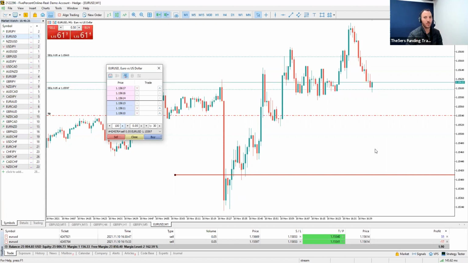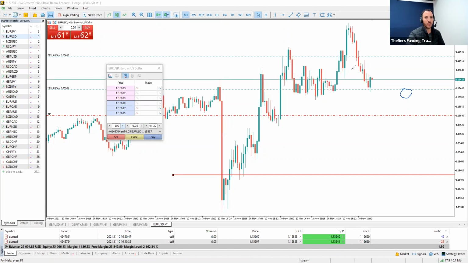All I'm trying to demonstrate here is the flexibility you have once you divide your entries instead of just going one on. If you remember, this was my initial entry. If I had entered my full risk on this one, I would have held all that drawdown, and right now I would be very anxious, trying to take the loss or the break-even trade.